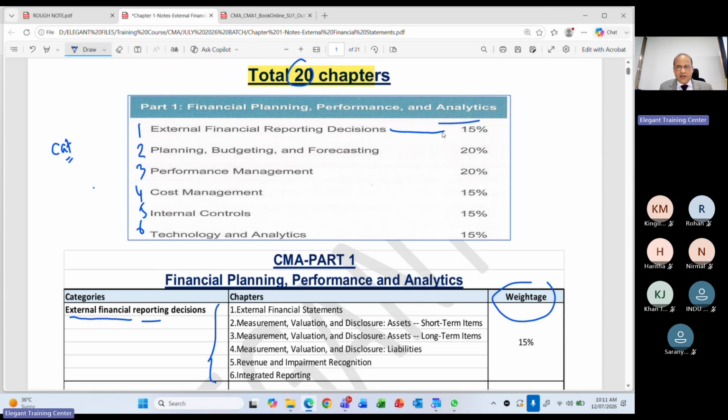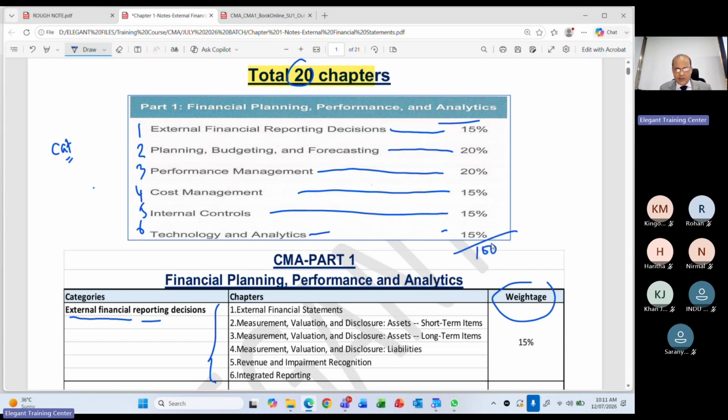External financial reporting 15%, planning forecasting 20%, performance management 20%, cost management 15%, internal control 15%, and technology 15%. So total weightage is 100%, right?